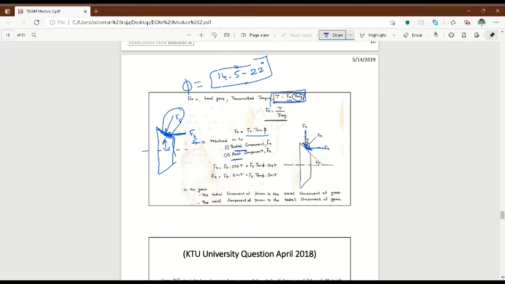So they will give the phi value and the gamma value. We have to find out Fs, Ft, and the radial and axial forces. In the next video we will solve one problem based on this.